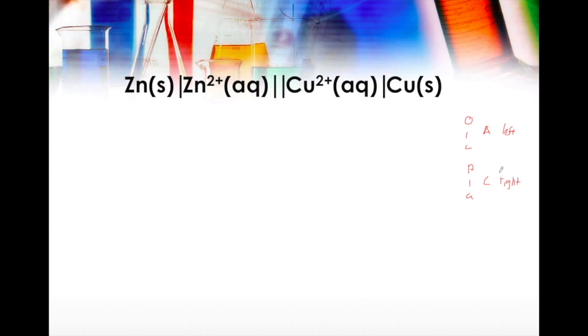That's the convention. So when I look at this, let's assume I don't know who's undergoing oxidation and who's undergoing reduction. I'm just going to focus on what's on the left. So obviously this is on the left and this is on the right. If this is on my left, then this has to be the anode, which means this is going to be the oxidation cell and this is going to be the reduction cell. All right, so this is how you know what's happening.